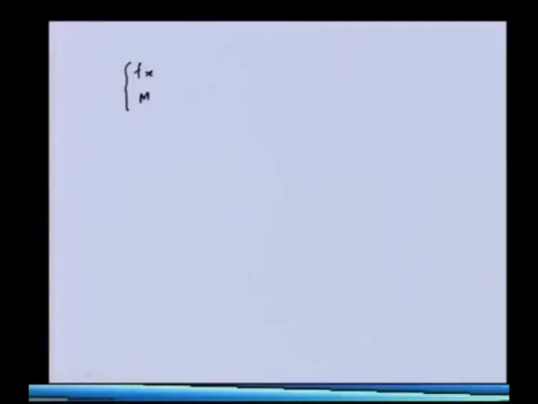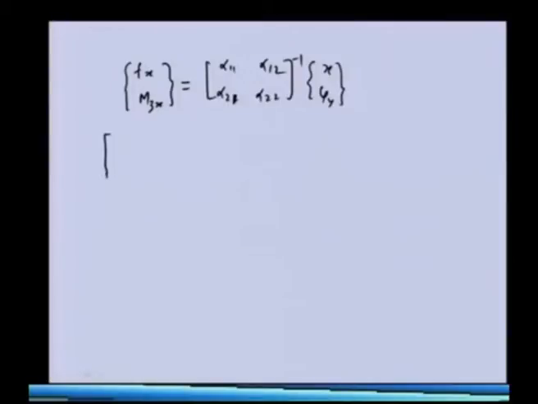Let us say we are inverting this particular matrix: alpha 1 1, alpha 1 2, alpha 2 1, alpha 2 2, inverse, times x phi y. Now, we have a simple relation for the inversion of a matrix.